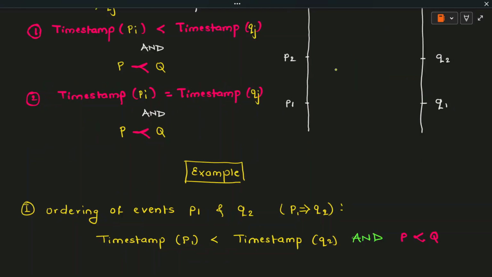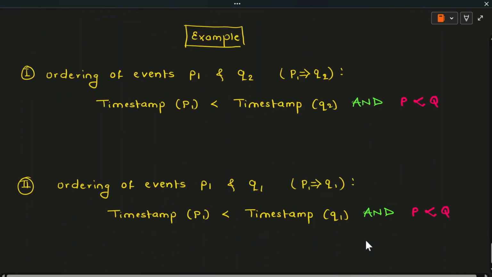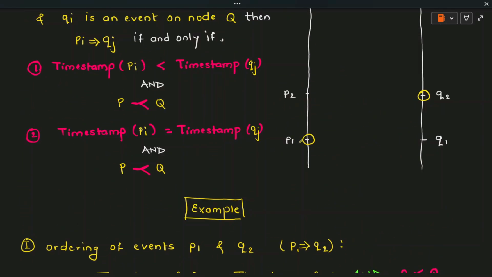Let's see the example. Here we will do ordering of events P1 and Q2. The timestamp of P1 event is less than the timestamp of Q2 and P has priority over Q. So we can say that P1 and Q2 events are in total ordering. Now let us see ordering of events P1 and Q1. P1 and Q1 events have similar timestamps.